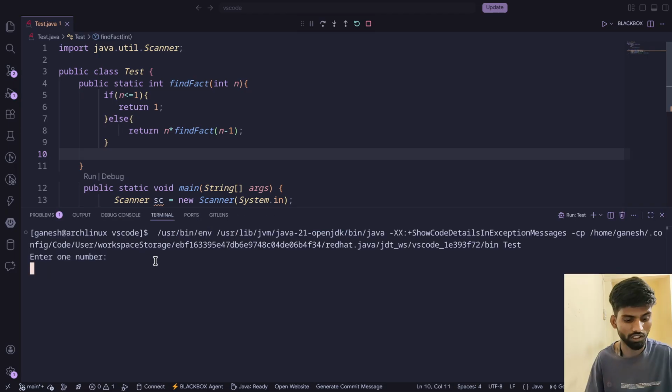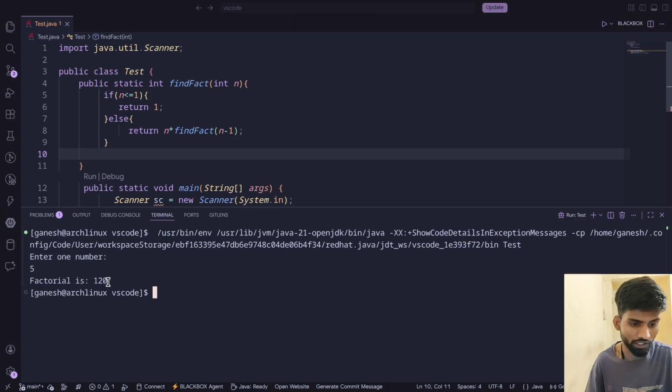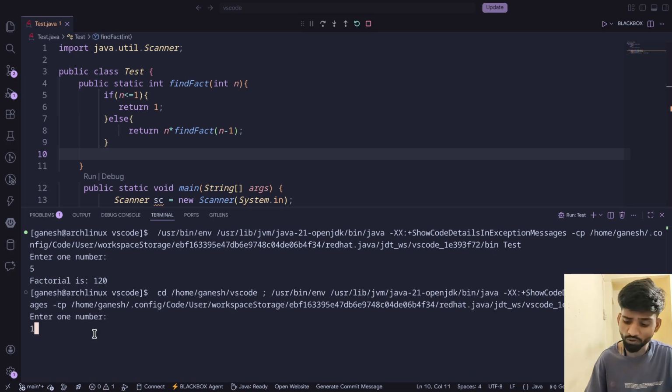Enter one number like 5, then 120. Earlier I said the factorial of 5 is 120. Like this, if I write here factorial of 120, then it's 0. Why 0?